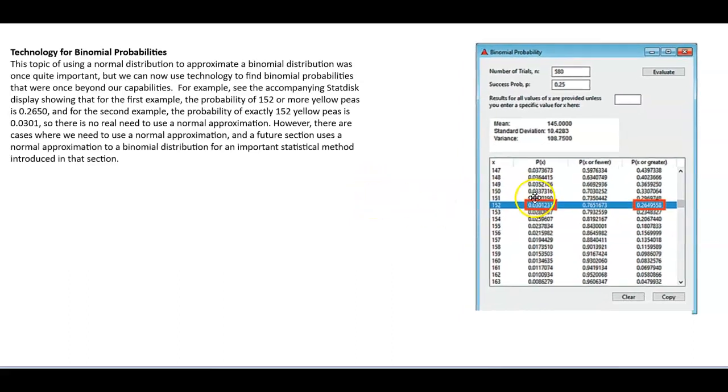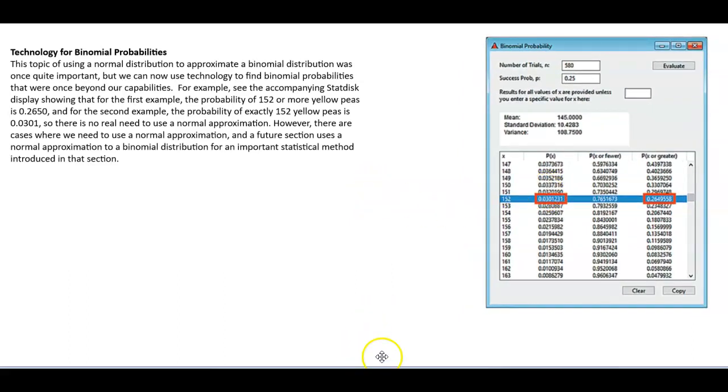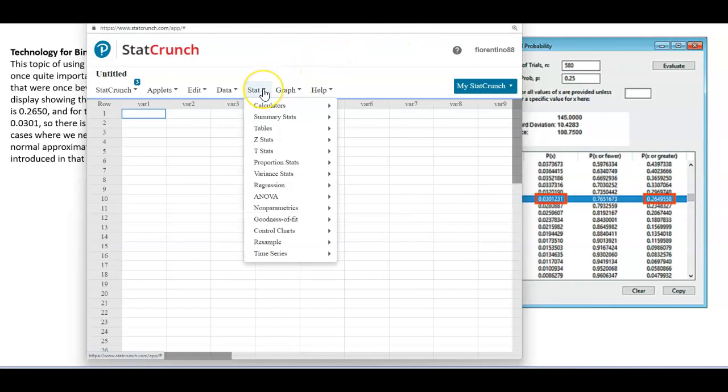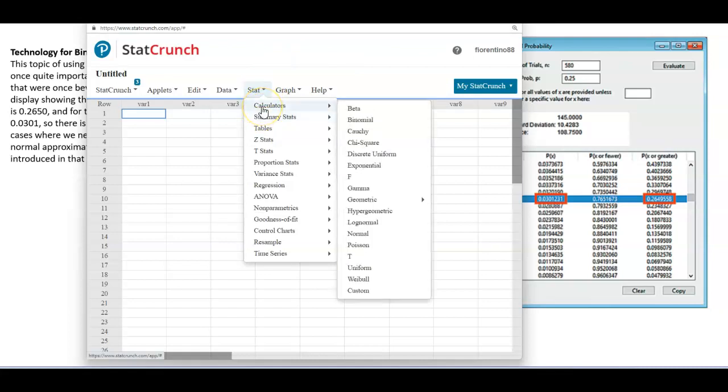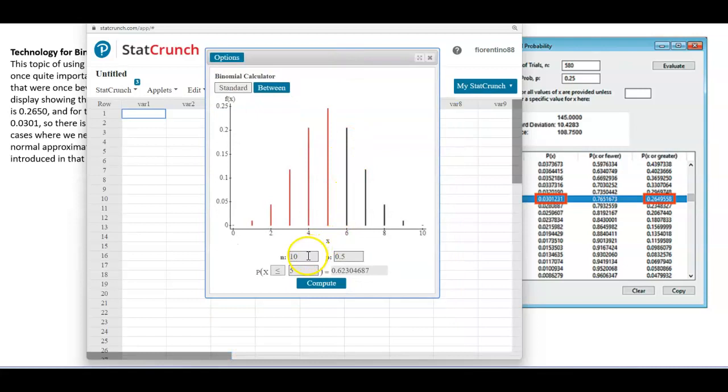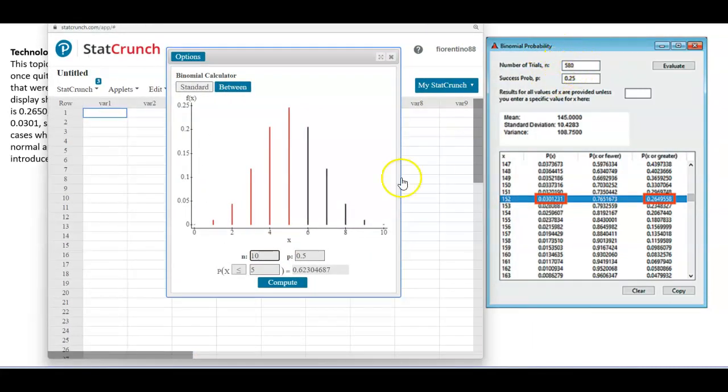Now let's just see how you would do this on StatCrunch, because this is StatDisk. If we open up StatCrunch and use the binomial calculator, whereas in the previous examples we converted to a normal distribution, what we're going to do is put in the value of n. The value of n is how many trials, and the trials were 580.